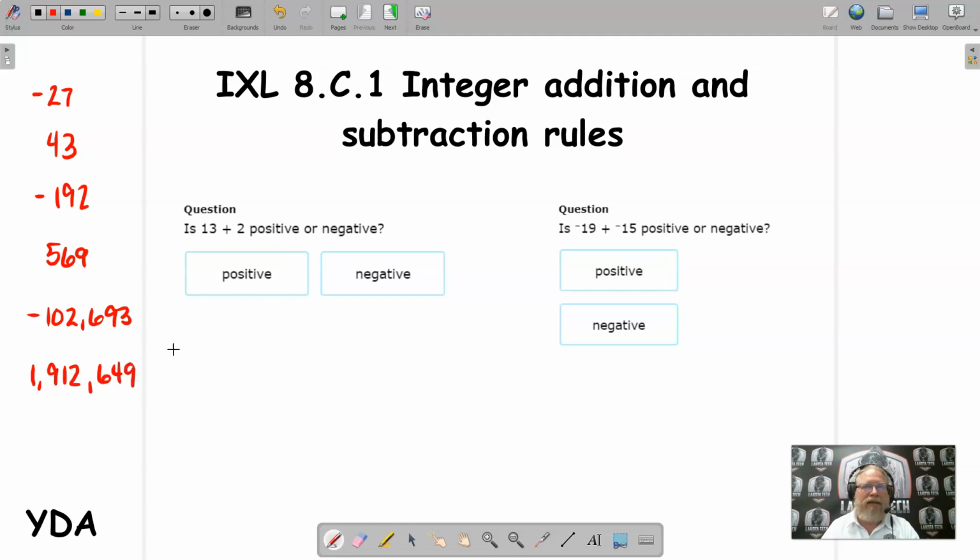All of these would be integers. Notice that they are non-decimal numbers, and they can be positive or they can be negative. And yes, if you're wondering, 0 can also be an integer.